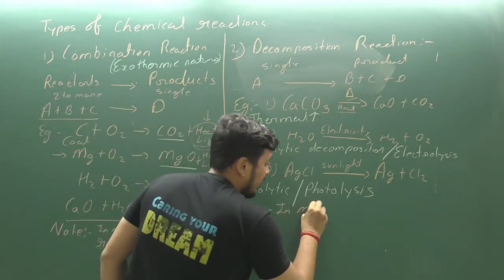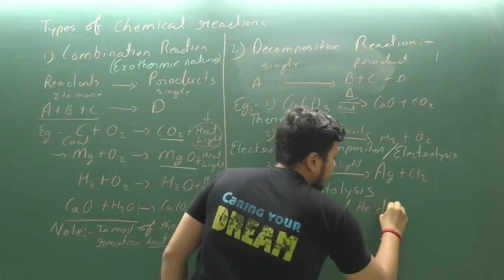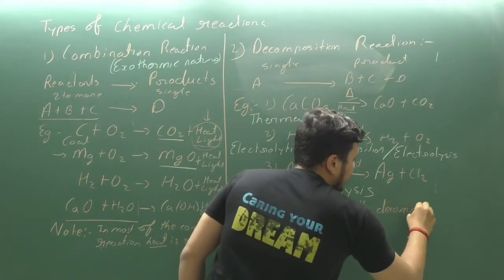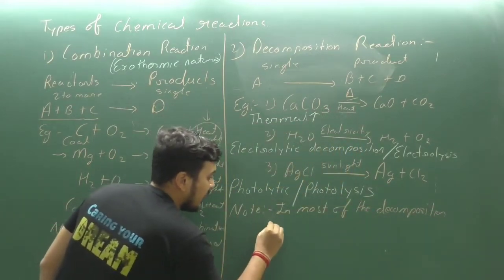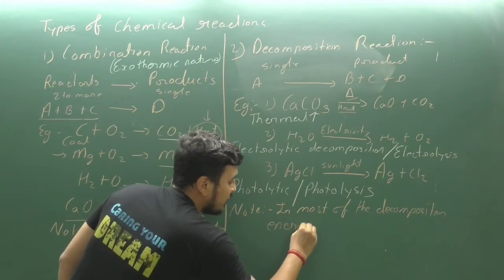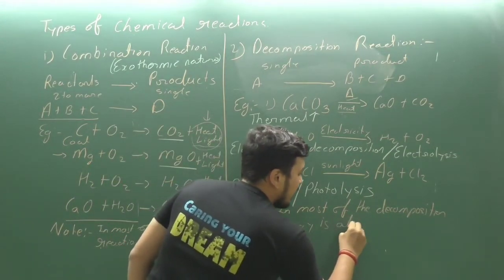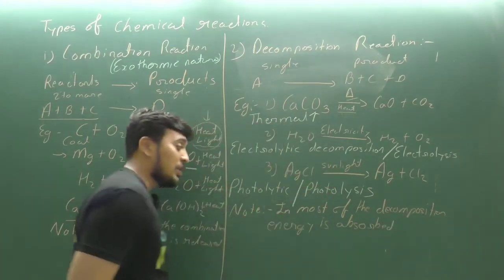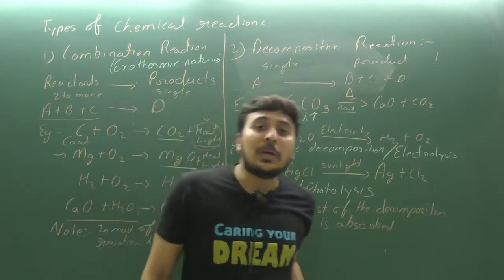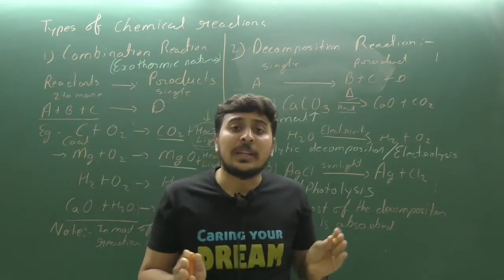But in the decomposition reaction, instead of heat, we can write the generalized form: energy is absorbed in most of the decomposition reactions, not in all, because chemistry always has exceptions.